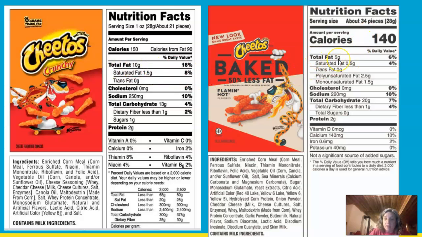Fat is 10 compared to 5 for the baked. Sodium is pretty close to the same, 250 versus 220. Carbs are only 13 for the regular Cheetos and 20 for the baked. And protein is the same. No vitamin D. You have 10% calcium.